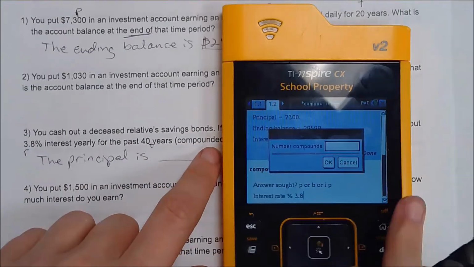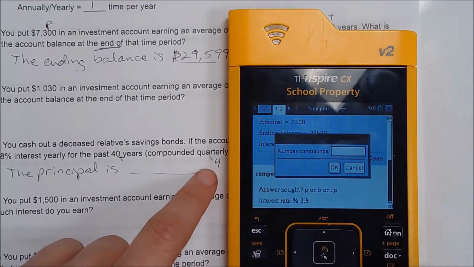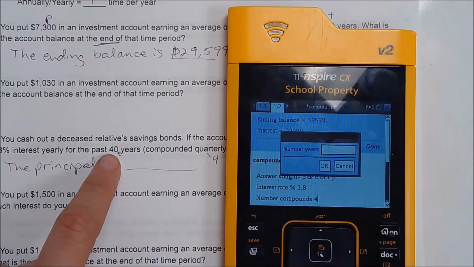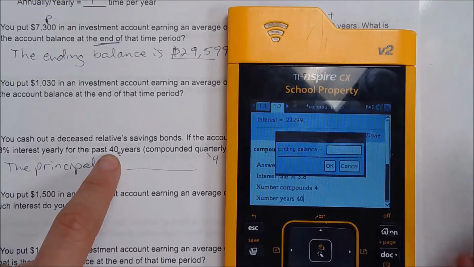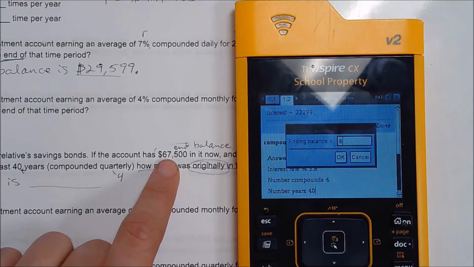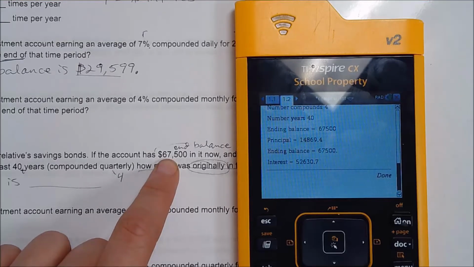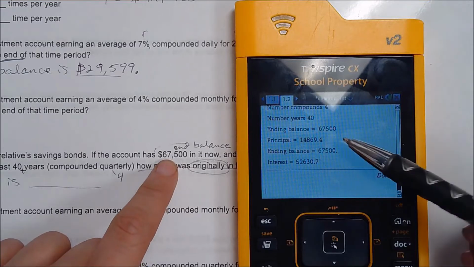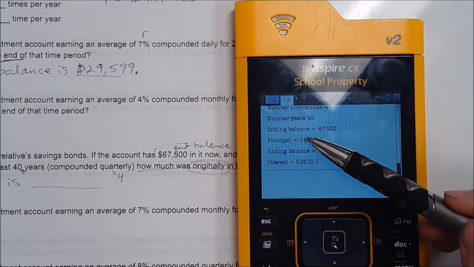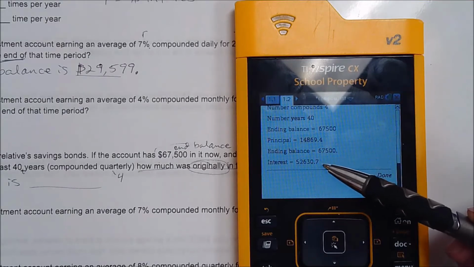The compounding periods there were 4 of them. For 40 years, whoa. And the ending balance that we have now is $67,500. Make sure you put the right number there. We are looking for the principal.